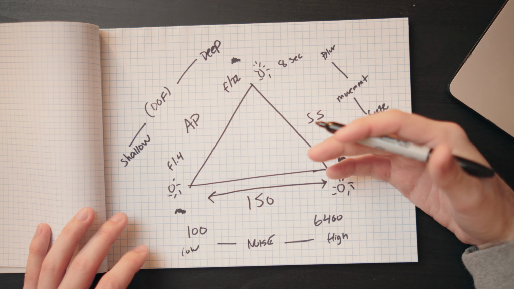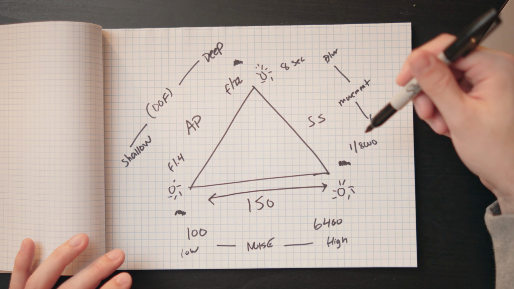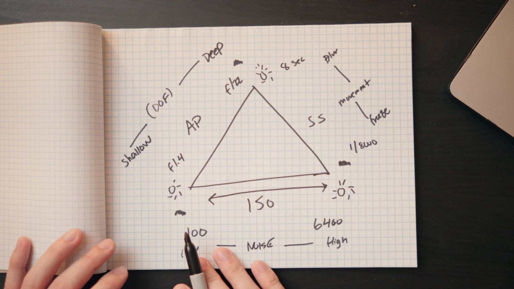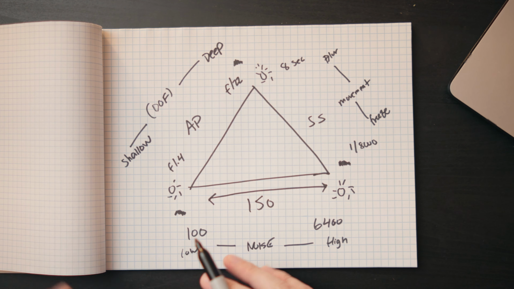So when we're deciding, should I darken things down by closing down my aperture? I'm going to deepen my depth of field. Should I darken things down by speeding up my shutter speed? I'm going to freeze action. There's going to be less motion blur. Should I darken things down by lowering my ISO? That's great because there's going to be less noise in the image.